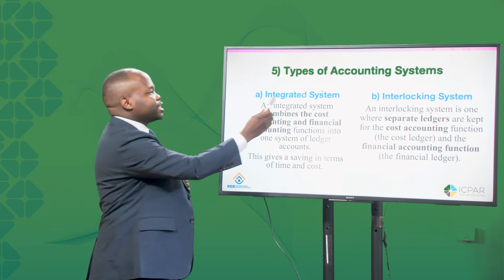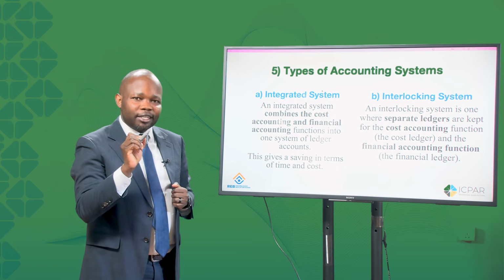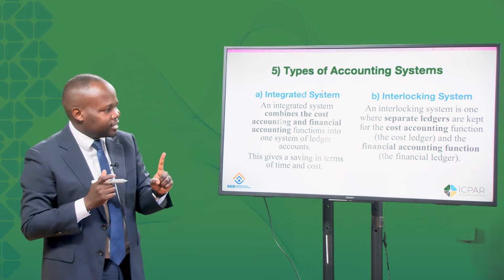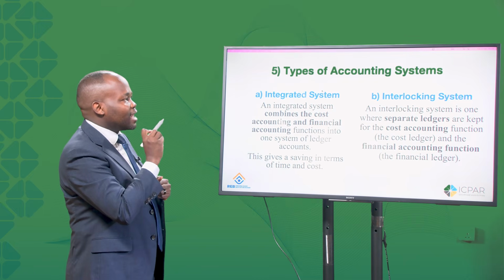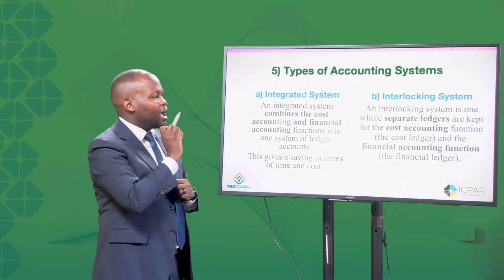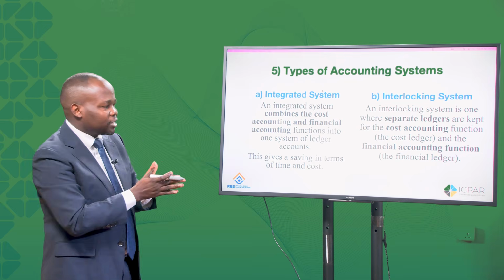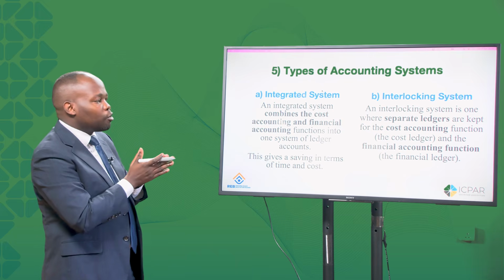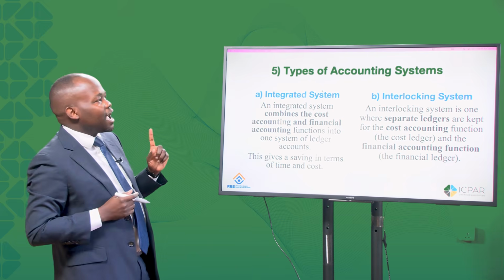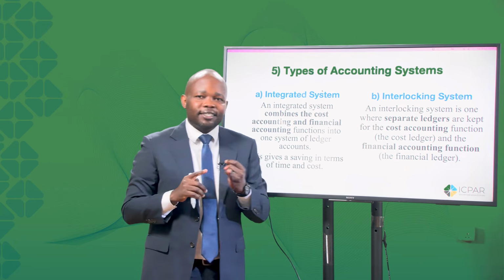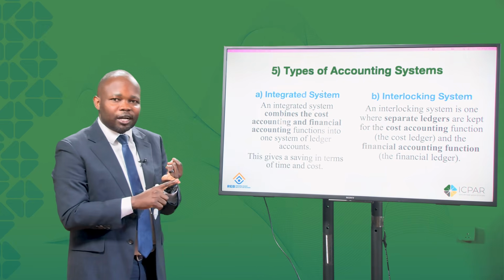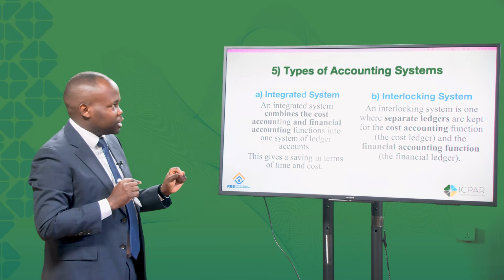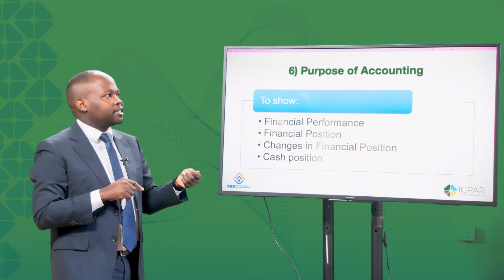Now, in an integrated system, it's a system that combines both the cost accounting and financial accounting into one system. So an integrated system is a system that combines cost accounting and financial accounting functions in one system. And this helps to save on costs and time. On the other hand, interlocking system is a system where the cost accounting function and the financial accounting functions are separate. They are different.